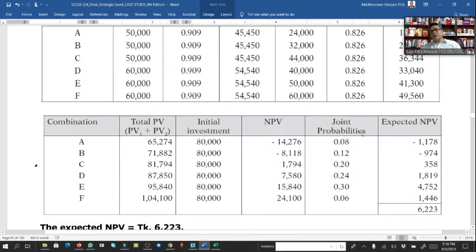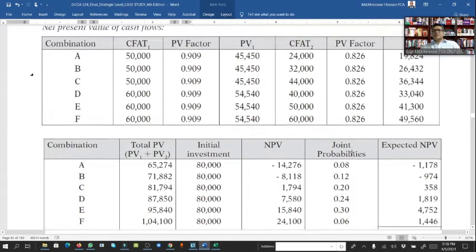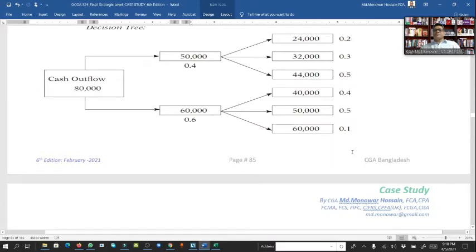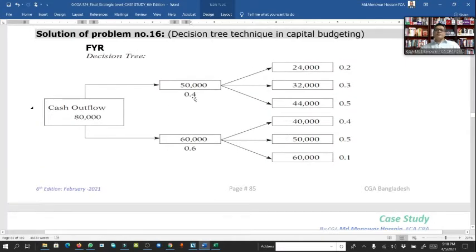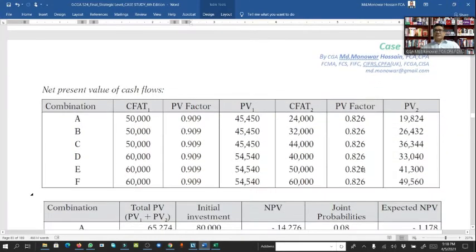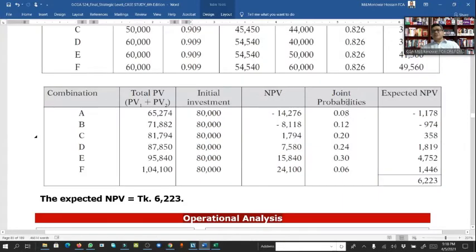Now joint probability. How does this joint probability come? Look here, 0.4 if we multiply by 0.2 and 0.6 if we multiply by 0.4. This way we will get the joint probability. Then if we multiply the joint probability again by the NPV, we get the expected NPV.